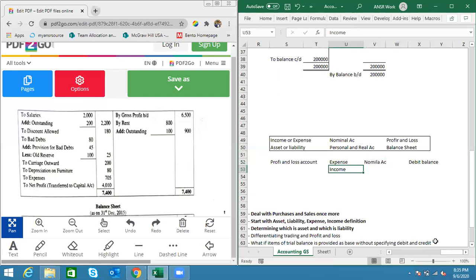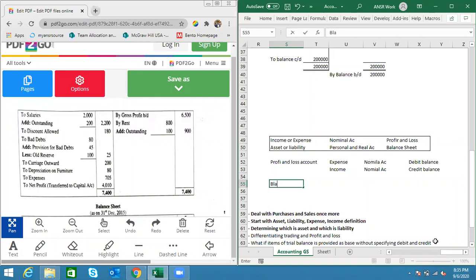Does that make sense? Yes, awesome. Incomes are nothing but nominal accounts which have a credit balance. As I say all the time, there will be exceptions. 90% of the cases go by the general method that we follow, but there will be some exceptions. As and when they come, we'll deal with them.